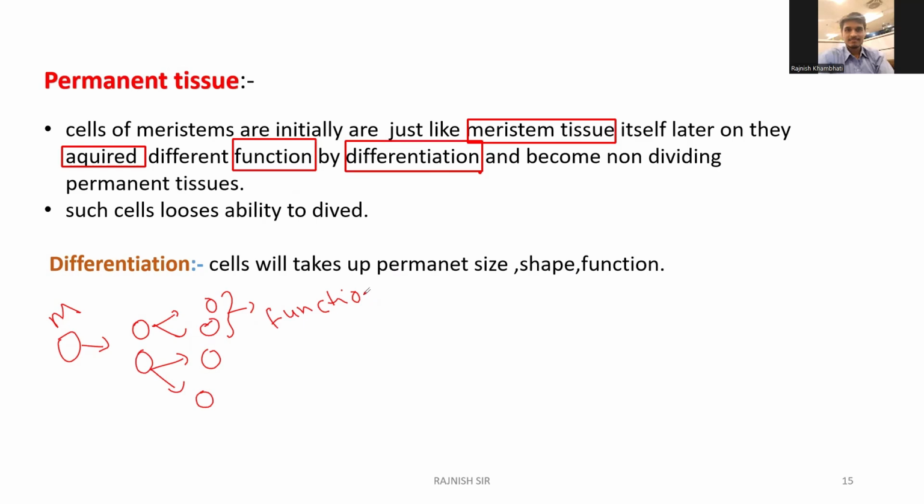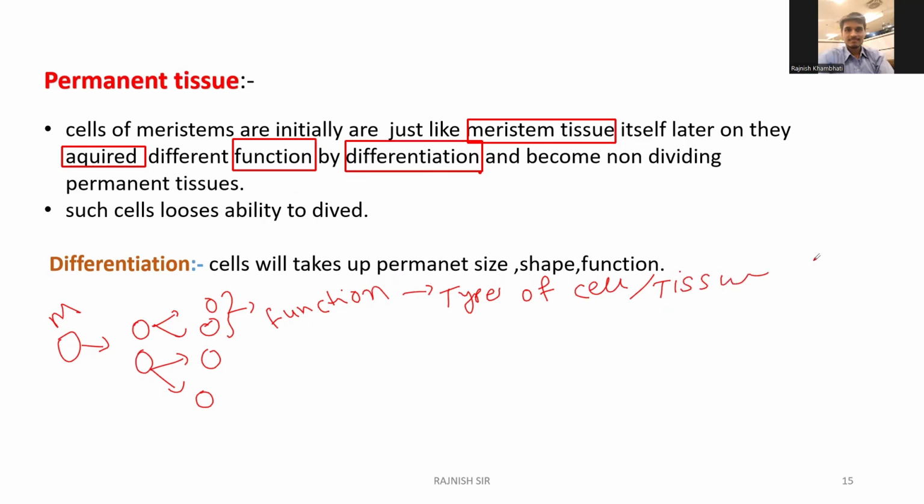Meristematic tissue does not have any particular function other than growth. So they acquire a function and they turn into some other type of cell, or they will make some other type of tissue, for example.